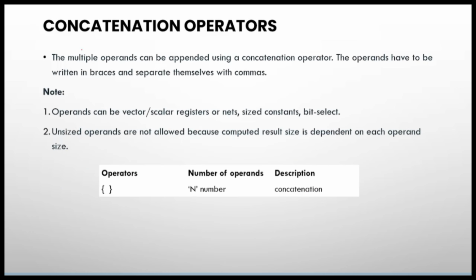Now coming to concatenation. From the name itself you could say that if you want to combine 2 or 3 variables in one place, then you will be using this concatenation operator. For example, A, B, C. Now if you are using this, all the values within A, B, C will be combined and grouped together. So if you want to group 2 or 3 elements at a place, you will use this concatenation operation.